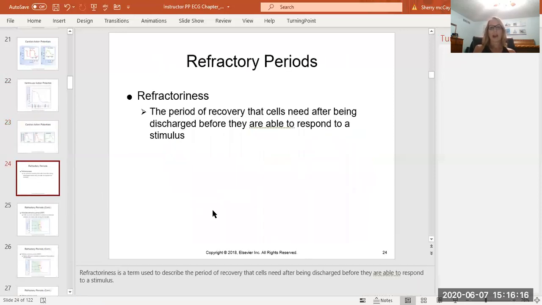Okay, refractory periods. The refractory period is the period of recovery that cells need after being discharged before they are able to respond to a stimulus.